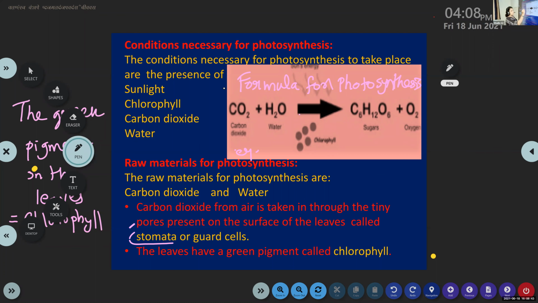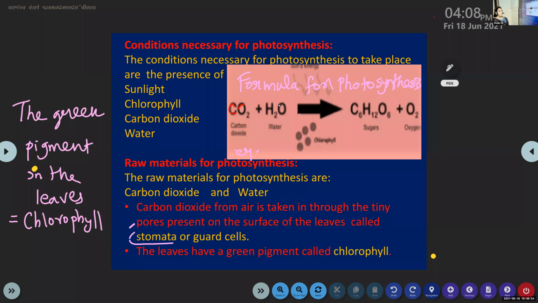So what is the first? You will write CO2 plus H2O. What do you mean by plus? That is carbon dioxide and H2O. They both mix together. And instead of this arrow, you can simply use an arrow symbol in your notebook, because this is a slide, so they make it a little prettier.